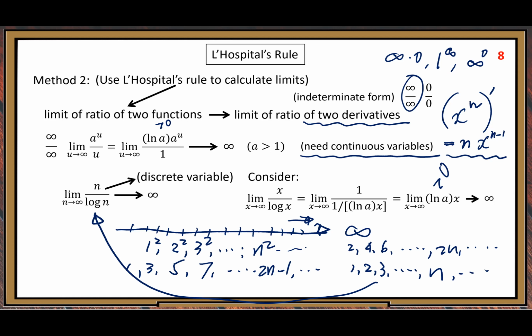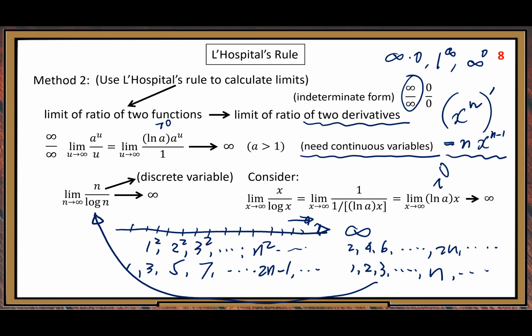So the limit of the natural log of a, that one goes to infinity, right? This is a constant, a constant times infinity. This a never changes. A is greater than 1, so this is greater than 0, but we fix it and then we change this number.